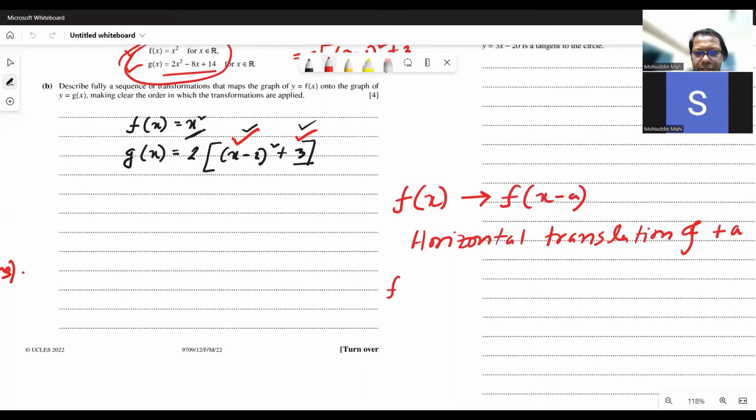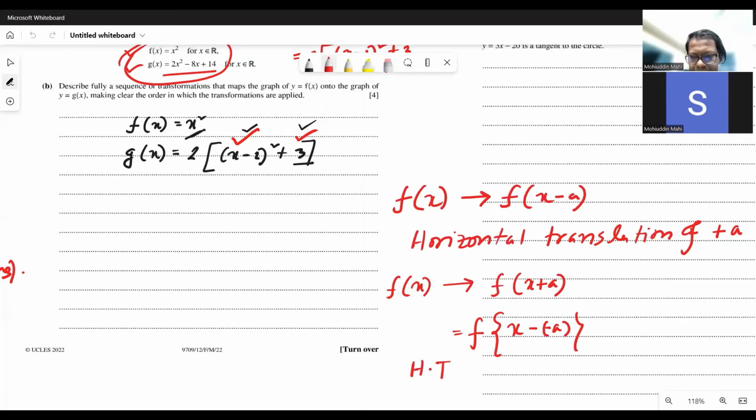Or if you translate it like x plus a, it will be a horizontal translation of minus a.